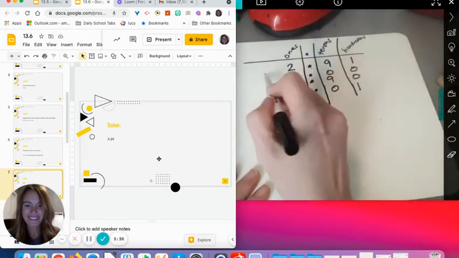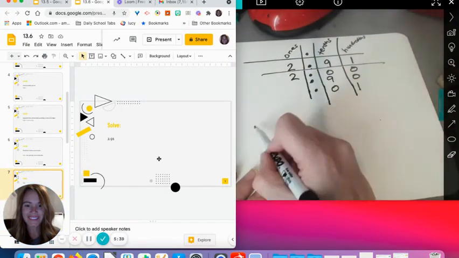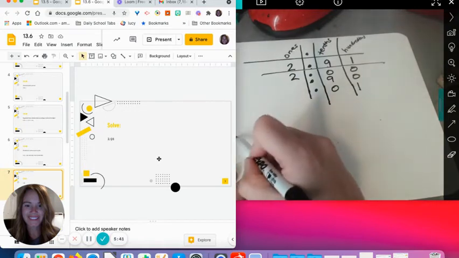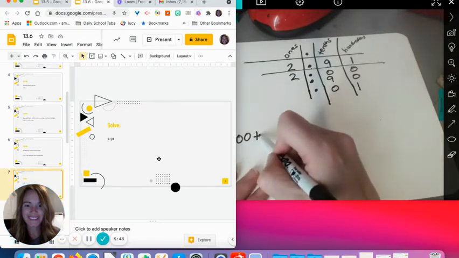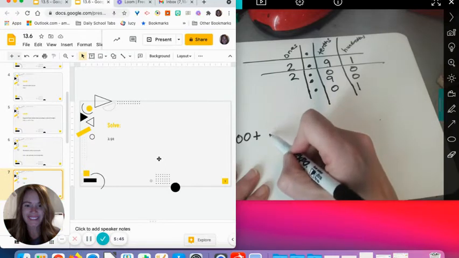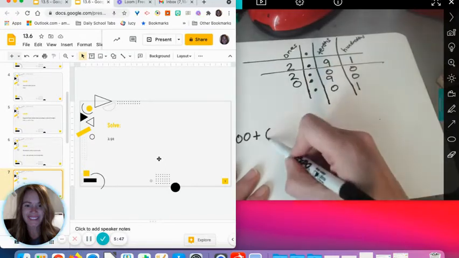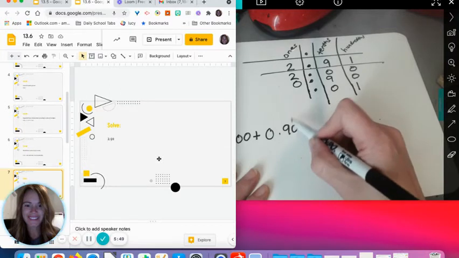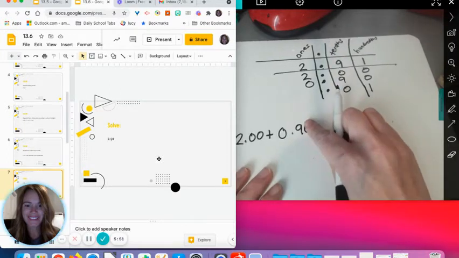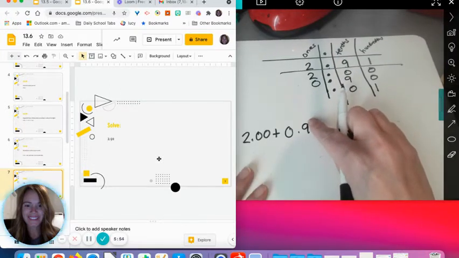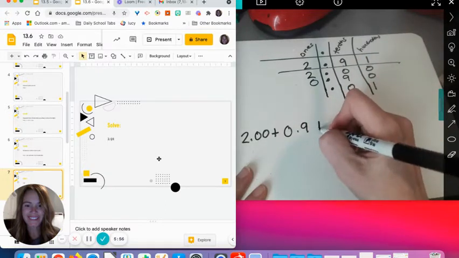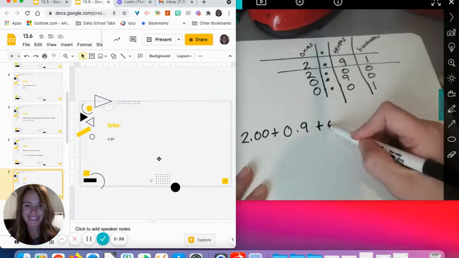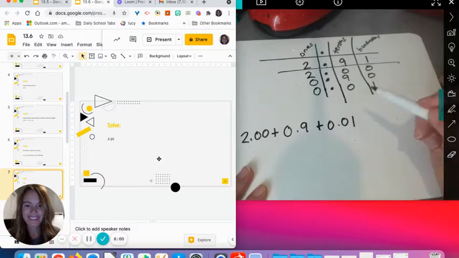So if we want to write that, we could write 2.00 plus 0.90. Remember, you don't have to put that 0 there because it's the same thing as 9/10, and 0.01.